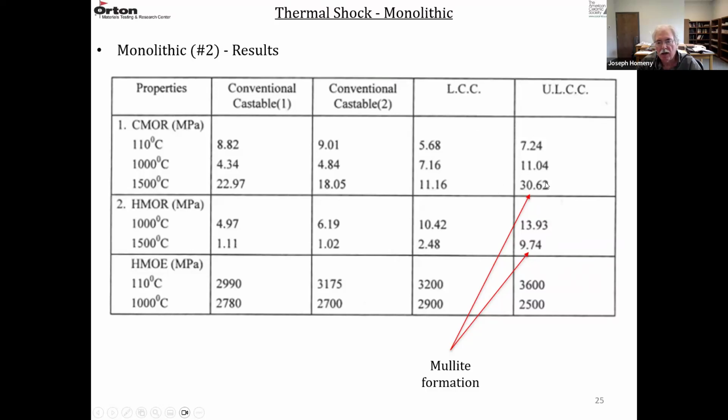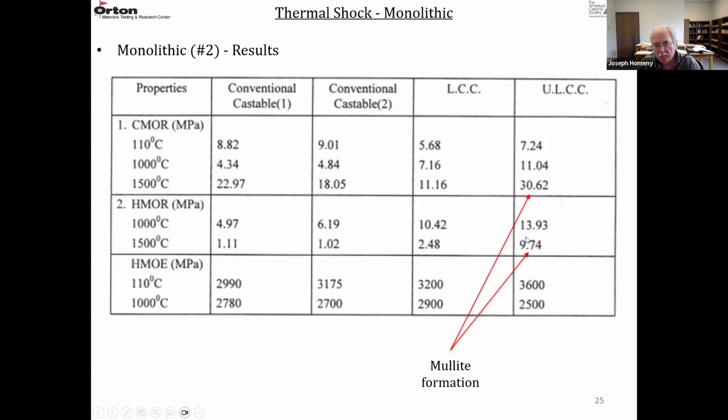This value is quite high most likely because of the mullite that's forming in this material. And the hot MORs at 1,000 are somewhat similar to room temperature, but when you get to higher temperature and you start forming viscous glasses, the strength really falls off. You can see how it really falls off.